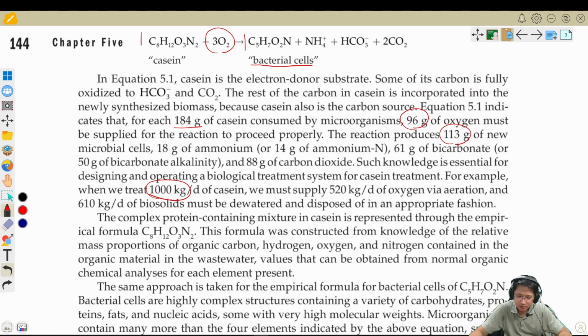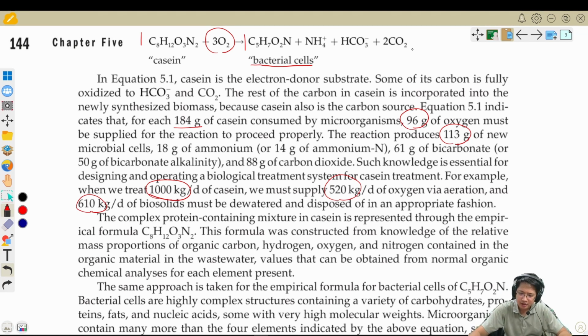So if you consume 1,000 kilograms per day of casein, you need to supply 520 kilograms per day of oxygen via aeration and generate 610 kilograms per day of biomass, maybe as activated sludge, which will need to be treated as it accumulates within your biosystem.